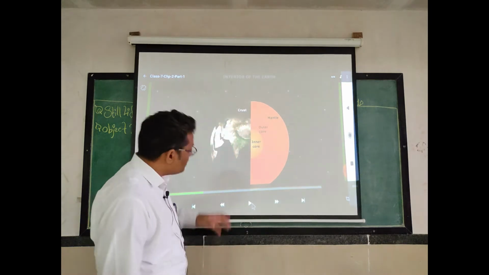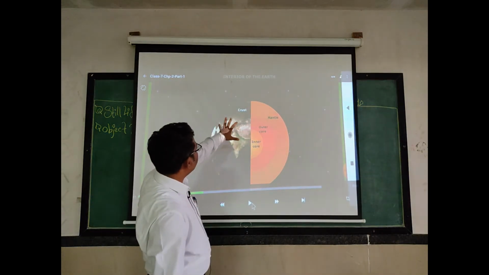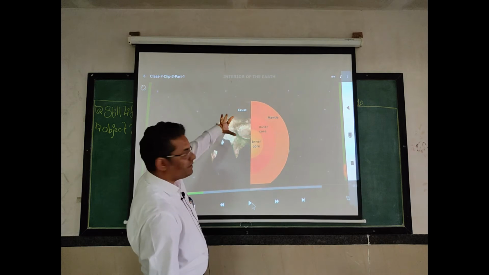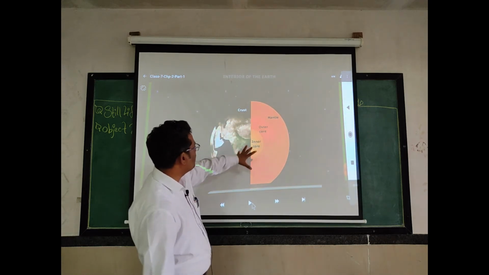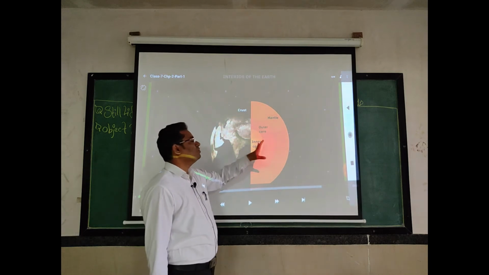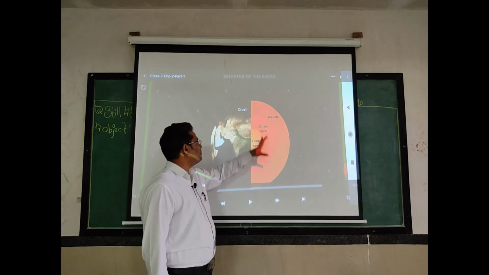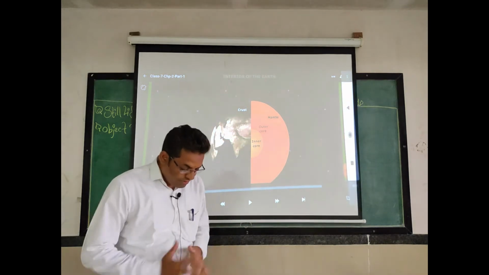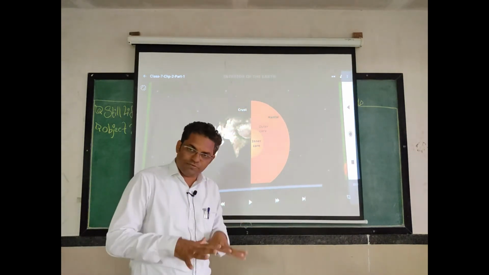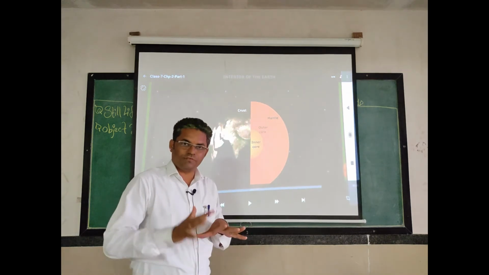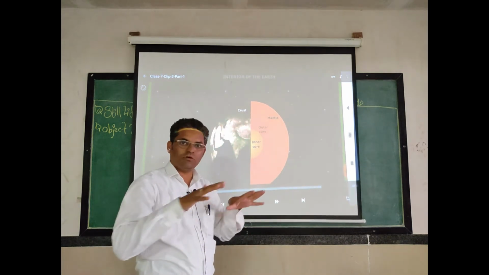Okay, so the first part that we are going to learn, the interior of the earth, is the crust, the second one is the mantle, and the third one is the core. The core is divided into two subparts, that is outer core and inner core. See, the crust is from the surface, that means the land you are walking on.